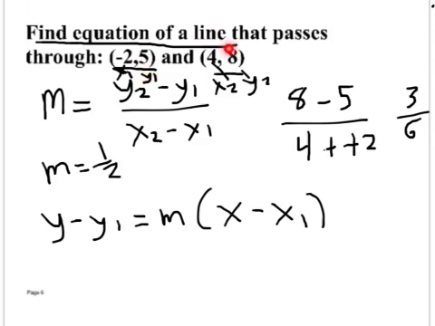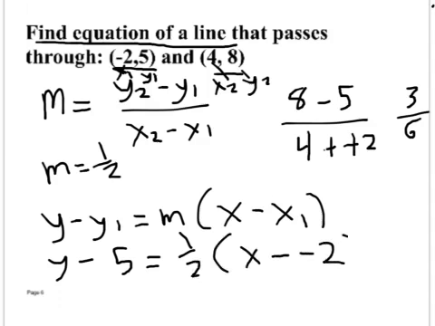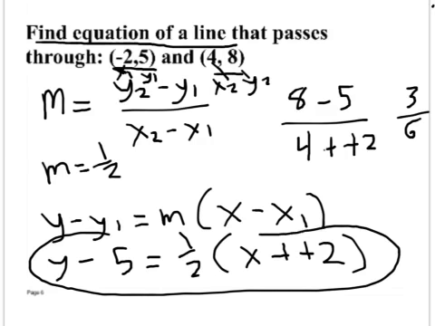I can use this point if I want, but I don't need to. I plug my slope in here and my y1 and x1 here. Not hard to do. So y minus 5 equals 1/2 times x minus negative 2. So here is my answer: y minus 5 equals 1/2 times x plus 2.